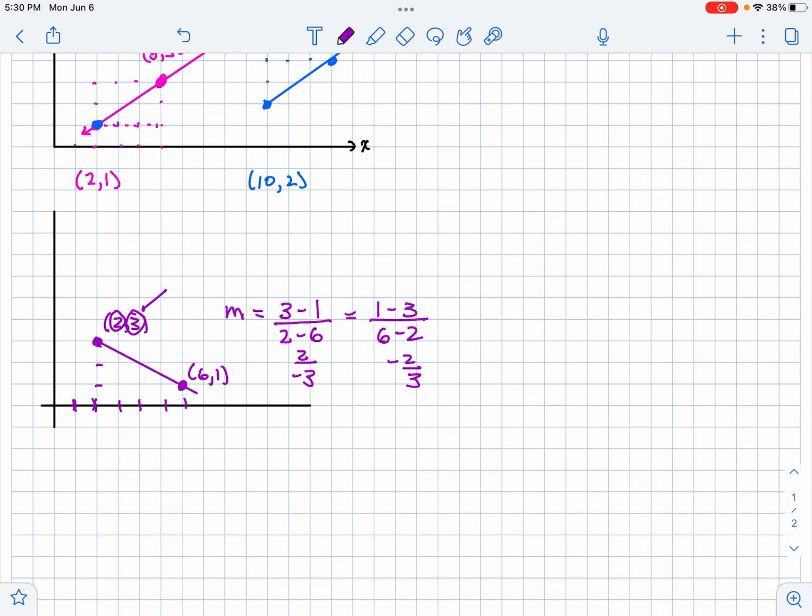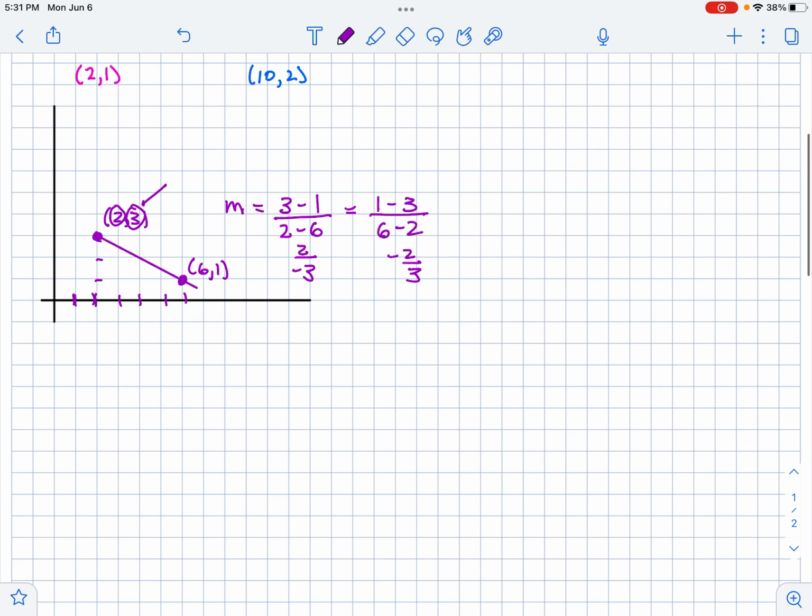Now, when you have a slope of negative 2/3, you're always moving to the right. Okay, so let's suppose I want to find another point on this line. I'm always going to move to the right, no matter what the sign of the slope is. If it's negative or positive, the sign tells me whether or not to go up or down.